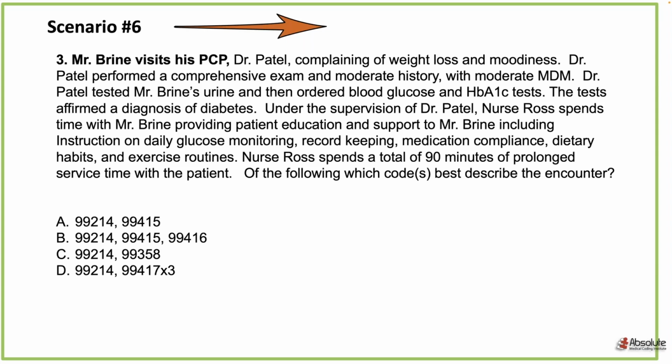Mr. Bryan visits his PCP, Dr. Patel, complaining of weight loss and moodiness. Dr. Patel performed a comprehensive exam and moderate history with moderate MDM. Dr. Patel tested Mr. Bryan's urine and then ordered blood glucose and HbA1c tests. The tests affirmed a diagnosis of diabetes.